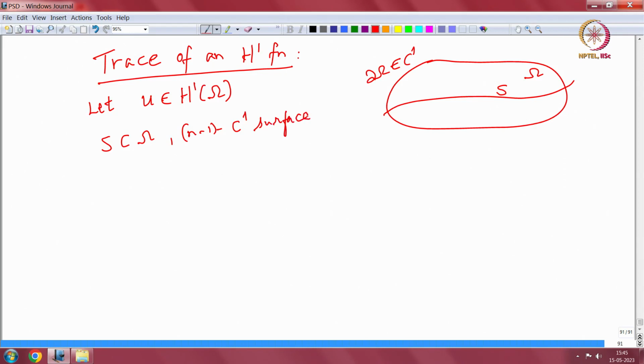On the other hand, if u is a continuous function, or u is a function defined at every point, then obviously we can talk of u restricted to S. But in general, if we have just an H1 function, this does not make sense almost everywhere, because this S has n dimensional measure 0.